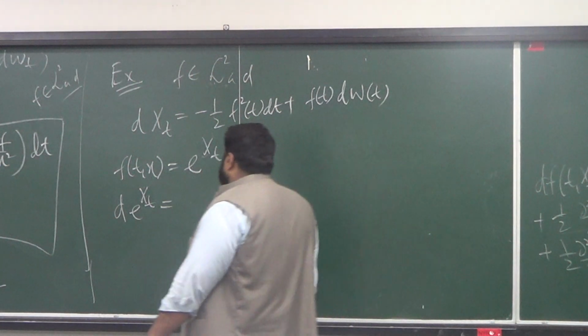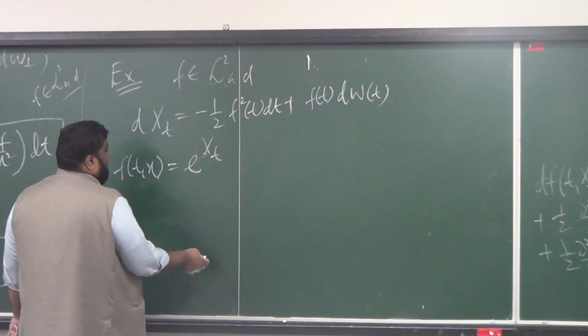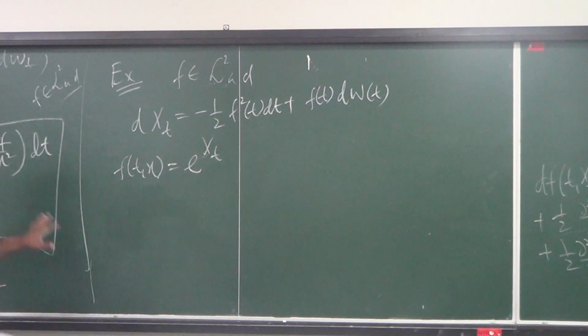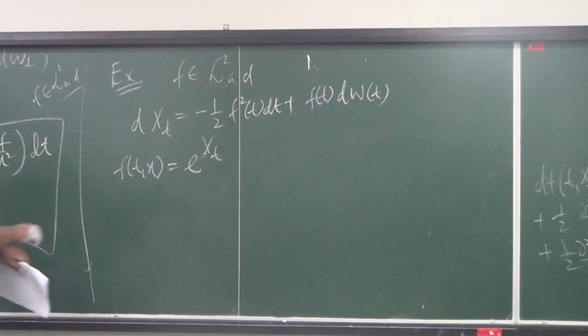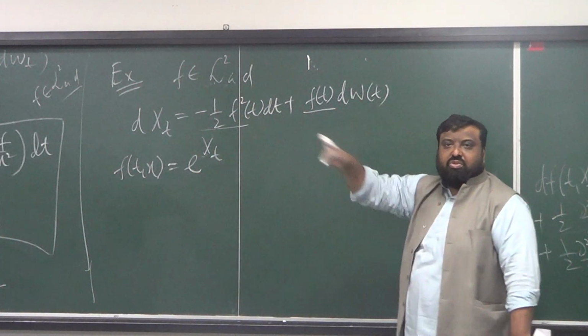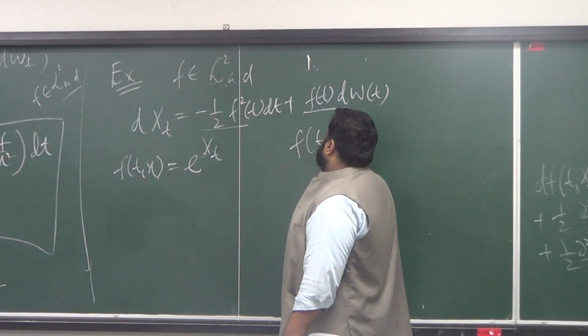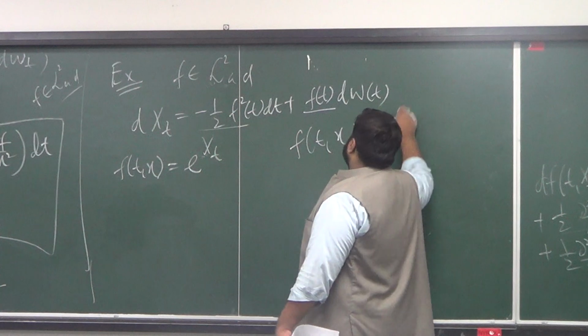I can directly say that this is going to be... Anyway, can you compute it for yourself? Would that be difficult? So the mu is this, 1/2 f squared of t, and this is your sigma of t. So just substitute things. You just have to take f(t,x) equal to e to the x.